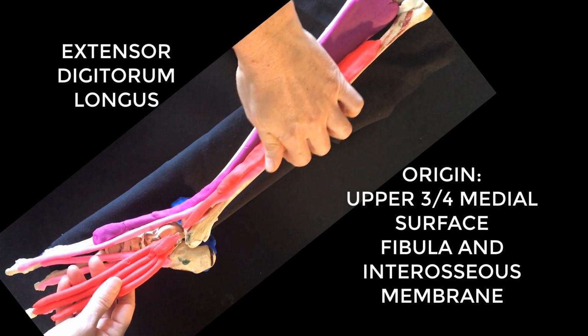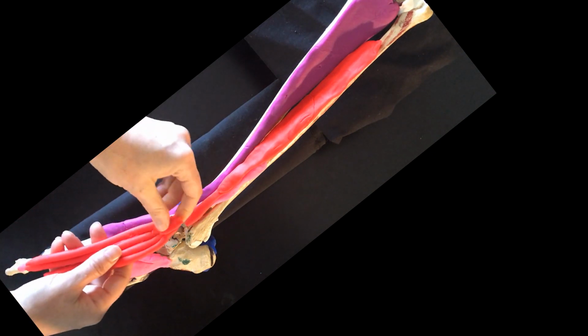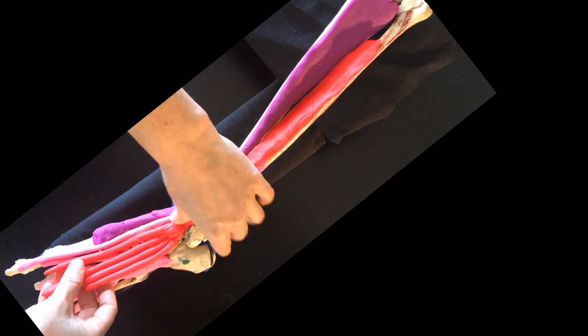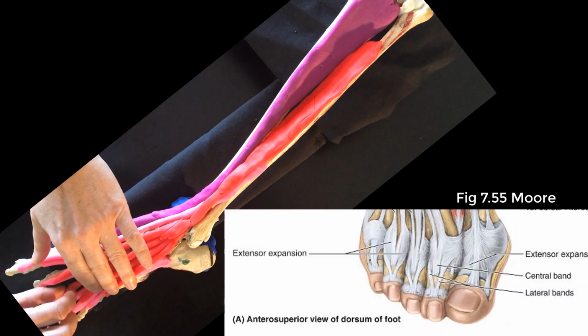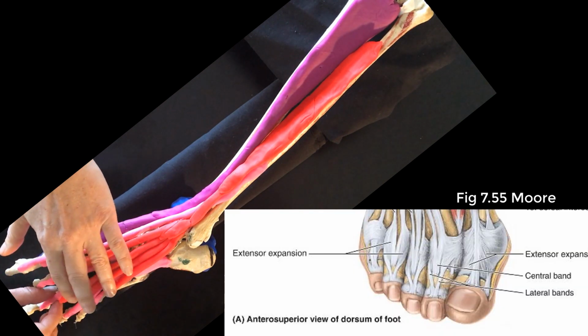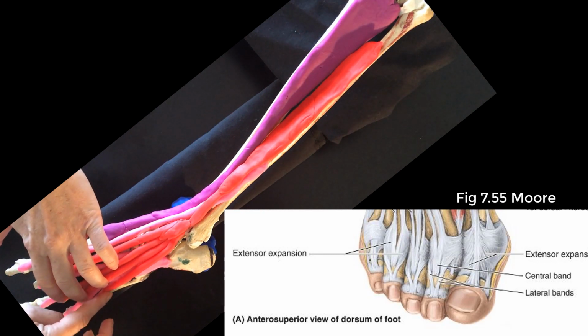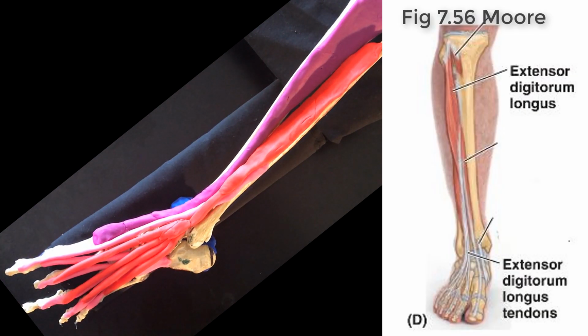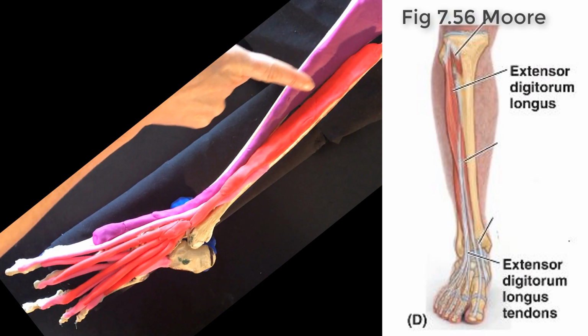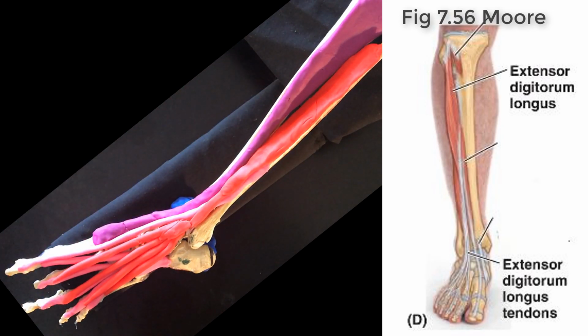So you can see it's coming from the fibula and the interosseous membrane, and then it inserts into the lateral 4 digits. It does something a little bit tricky at the metatarsophalangeal joints, but I won't discuss that now. Suffice to say, it's an extender of digits 2, 3, 4, and 5. All right, so it's coming from the medial surface of the fibula. So medial being this surface and across the interosseous membrane.